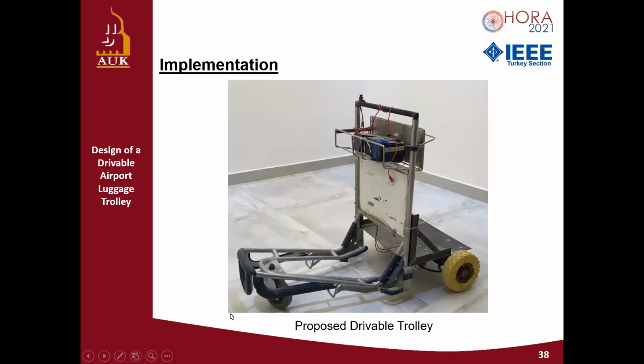This figure presents the proposed drivable trolley. As you can see here, we added a step for the user to step on and use the trolley. This is the compartment for the battery, and here we added 2 DC motors and the wheels to control and move the trolley.